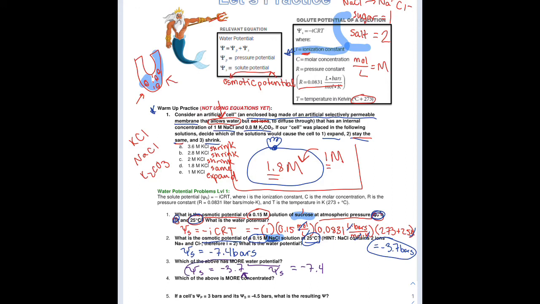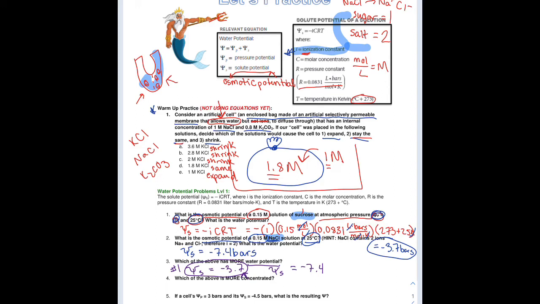So our answer is going to be the one that came from number 1. Actually, that's the smaller magnitude, the larger number, which indicates that there is less solute in that solution, and so it has a higher water potential. It has more water free to basically surround more solute or to move if it needs to. So number 1 has more water potential.